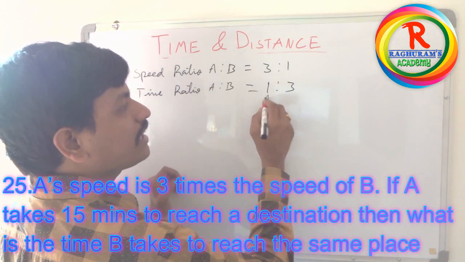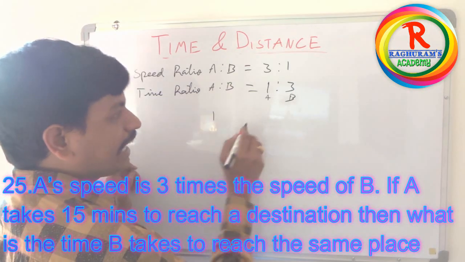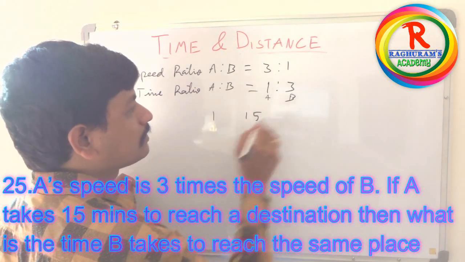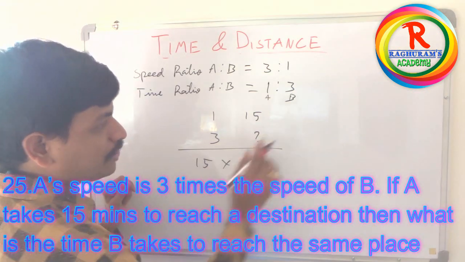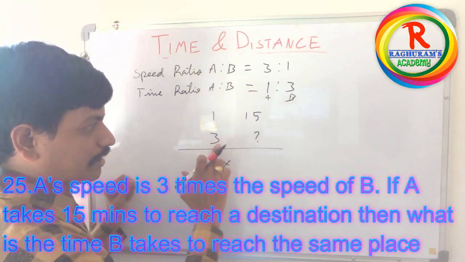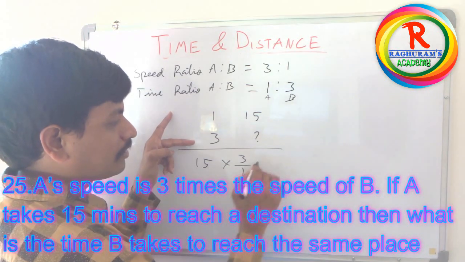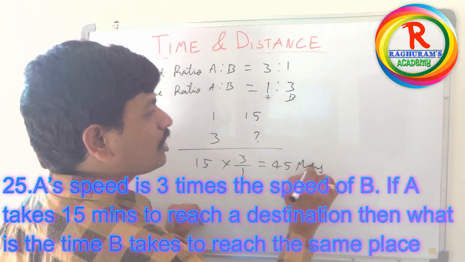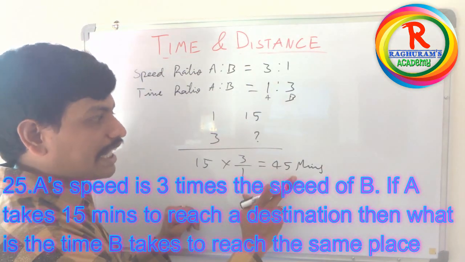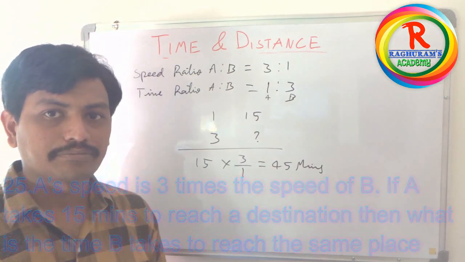Here this is A, this is B. It is given A is 15 minutes. And what is B? Simply 15 into, we take the number above the question mark and the reciprocal of this one, 3/1. That is 15 3s, 45 minutes. So if A takes 15 minutes, then B takes 45 minutes.